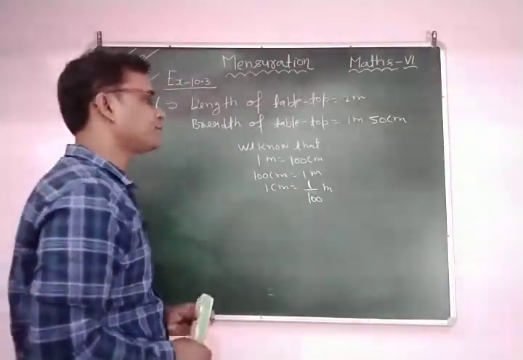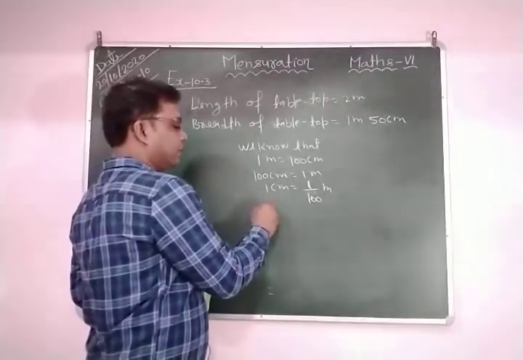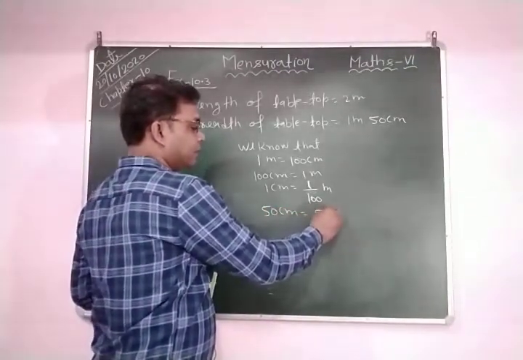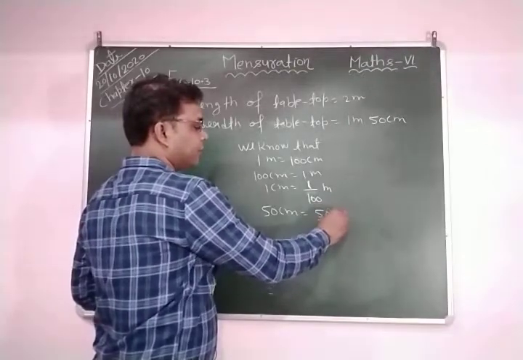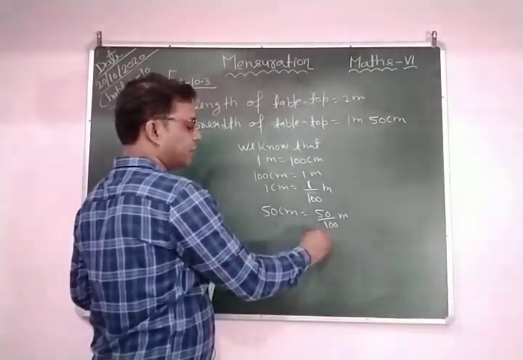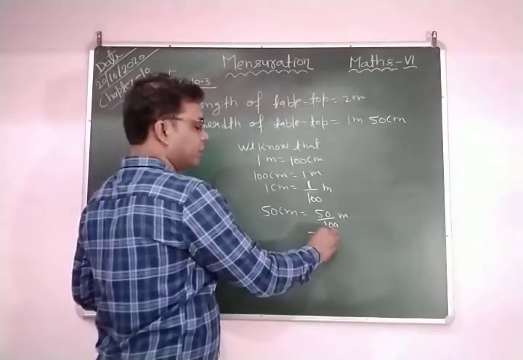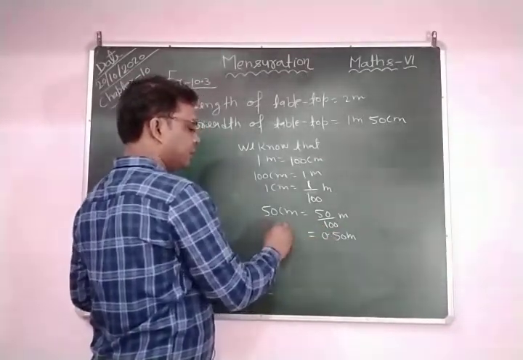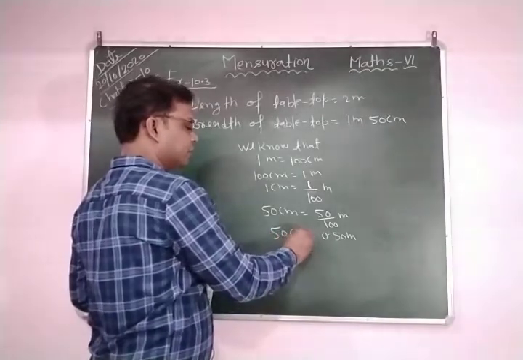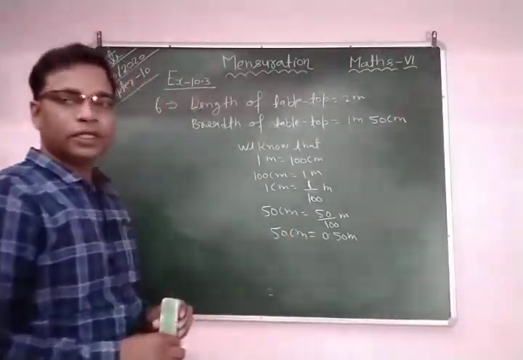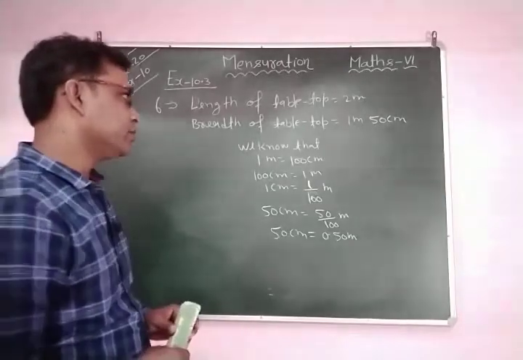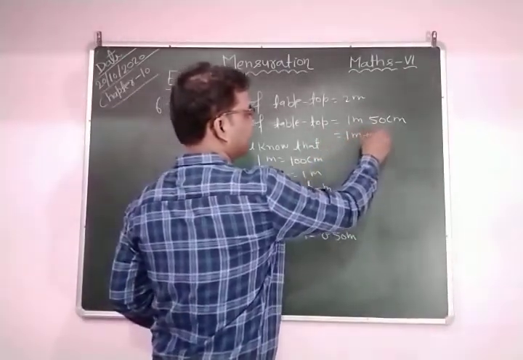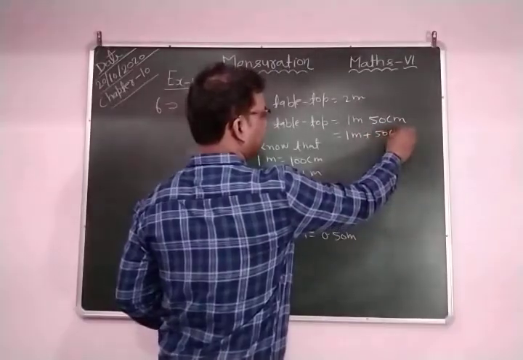So we have 50 centimeter, so 50 centimeter is equal to 50 by 100 meter, or you can write it 0.50 meter in decimal. So we can write here 1 meter plus 50 centimeter.